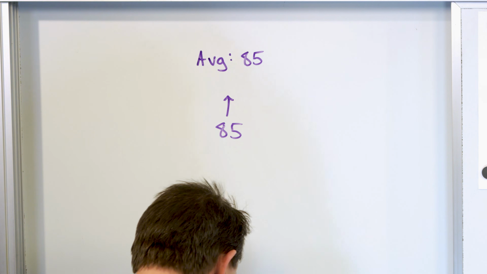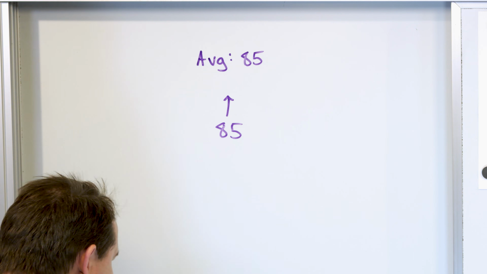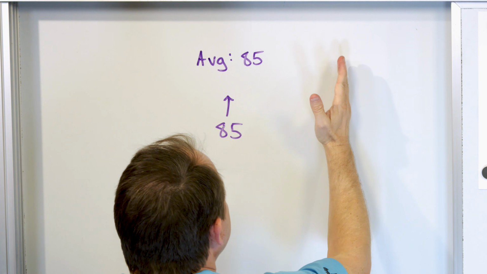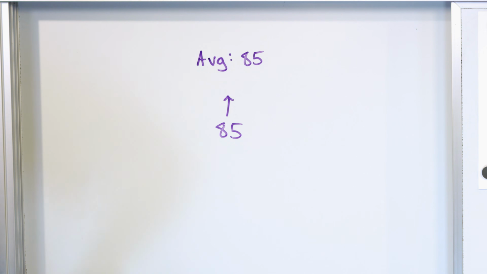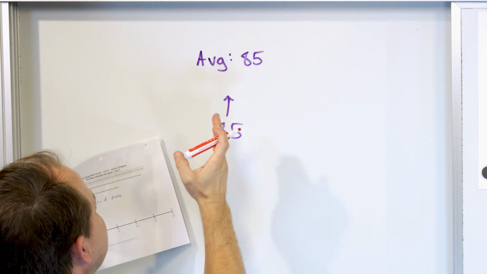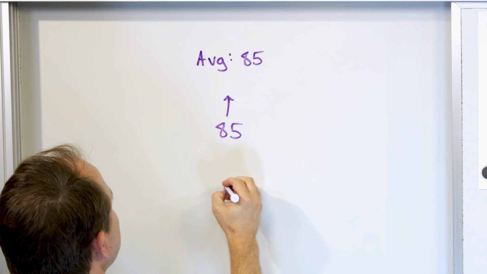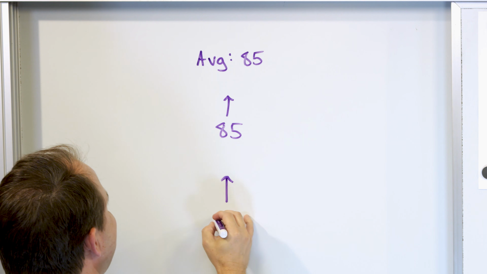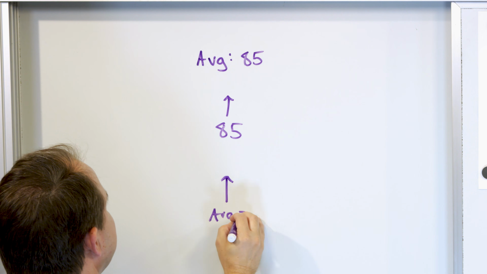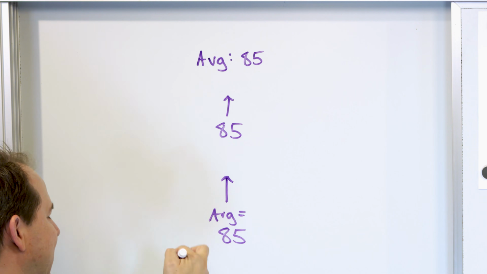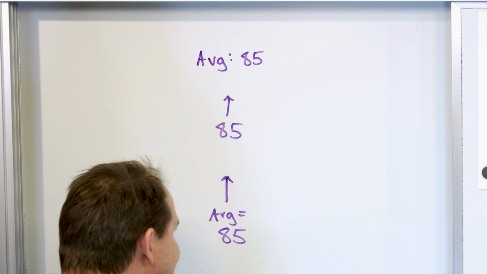Now, in order to have an average of 85, somewhere over here is 100 and somewhere over here is less than 85. There's lots of different ways to get an average of 85. In fact, we're going to take two different scenarios. So we'll have another class where the average is, again, 85. So two different classes, and they both have an average of 85.